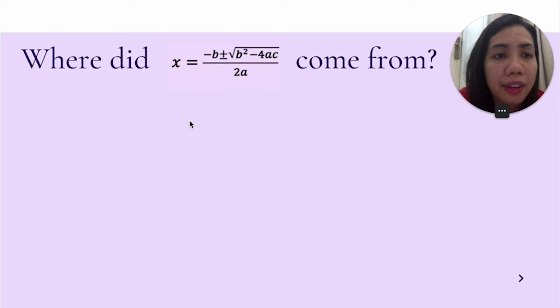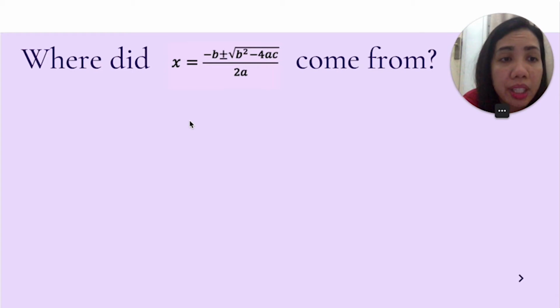We also learned it in the previous video, so if you have not learned about completing the square, you can check the previous video on this YouTube channel. And particularly in this video, we're gonna use the completing the square method to derive this formula.